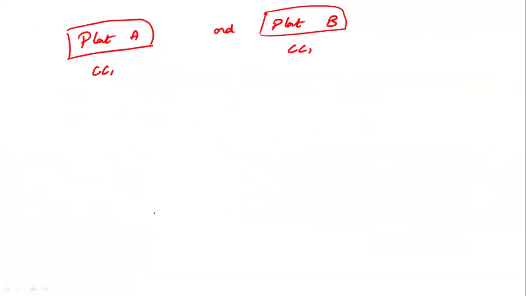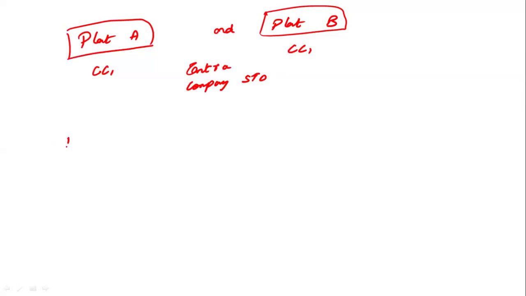In this case, if these both plants are in a single company code, in that case, this case is called as intra-company STO, a single company code. The material transport should be there between single company code, then it is called as intra-company STO.